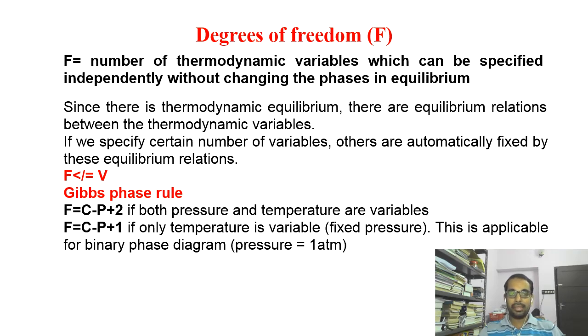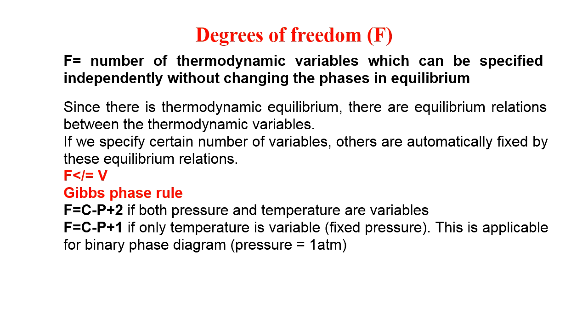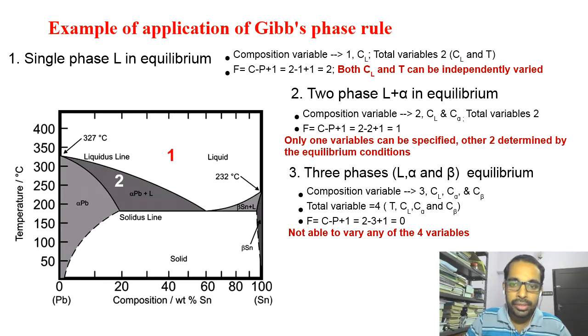That number will always be less than, or in some cases equal to, the total number of variables. Hence the Gibbs phase rule provides a device for testing multi-phase equilibria and deciding the number of variables, that is the number of degrees of freedom, necessary to define the energy state of the system.